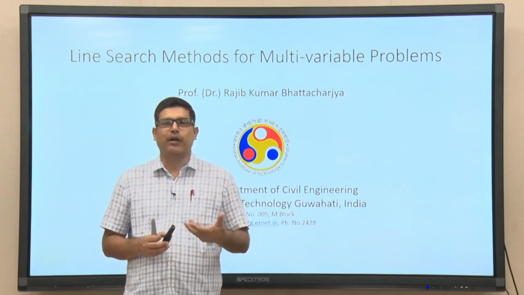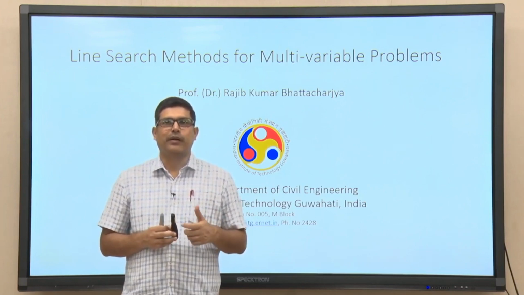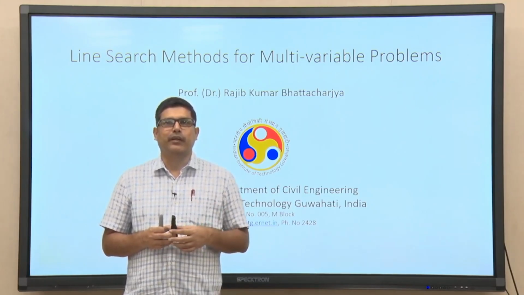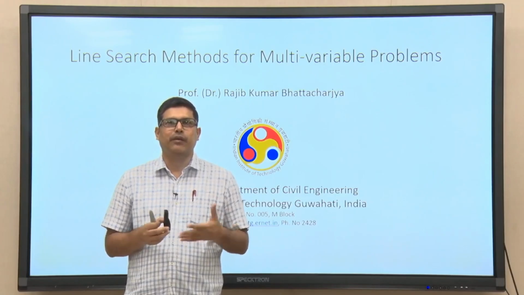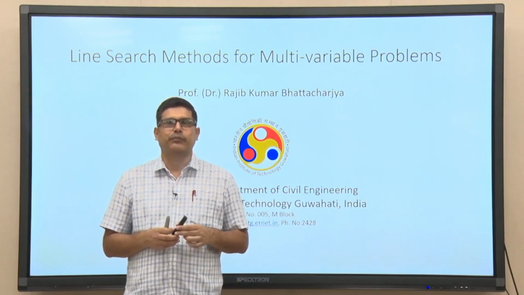Before that, we applied the bracketing algorithm to bracket the optima, and after that we applied region elimination techniques like the golden section search technique, the interval halving technique, and the bisection technique. We also discussed the Newton-Raphson method, which you can also apply to find the optima of a single variable optimization problem.